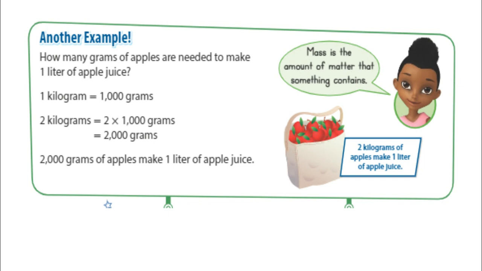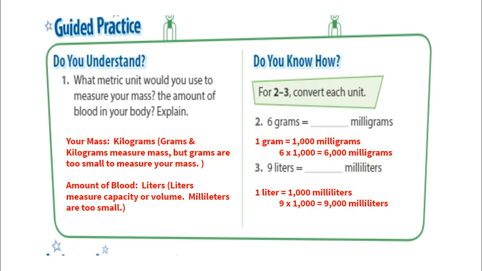All right, let's try our guided practice together here for today. Number 1, what metric unit would you use to measure mass? Well, to measure your mass, you would use kilograms. Grams and kilograms are both measures of mass, but grams are too small to measure the mass of your body.